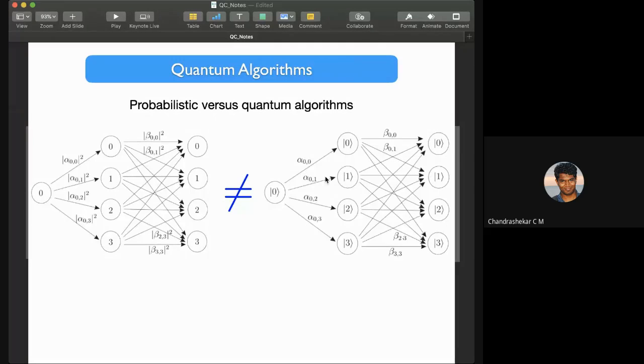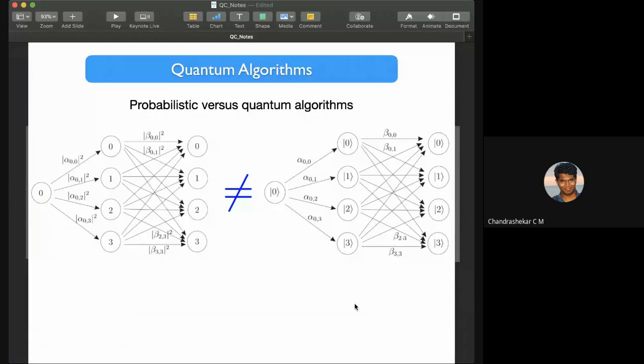So the negative signs which come along with your amplitudes can play a very important role in reducing the chances of going to wrong solutions and increasing the chances of going to correct solutions. That's how most of the algorithms are designed.